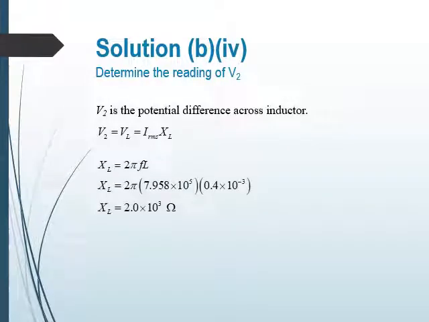XL is equal to 2 times 10 to the power of 3 ohms. So now that we have XL, let's calculate VL. VL is equal to 2 times 10 to the power of negative 3 times 2 times 10 to the power of 3. Therefore, it is equal to 4 volt. So the reading of V2 is equal to 4 volt.